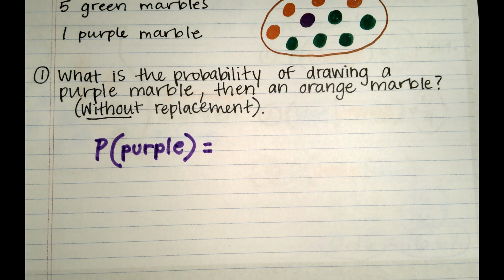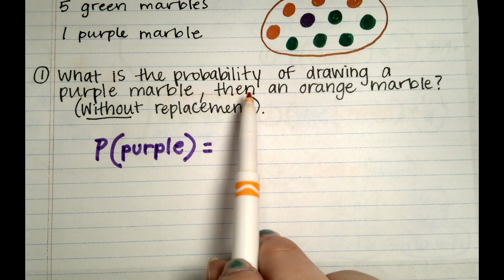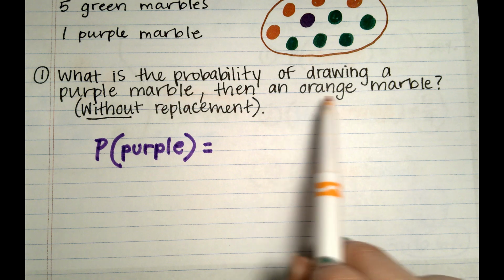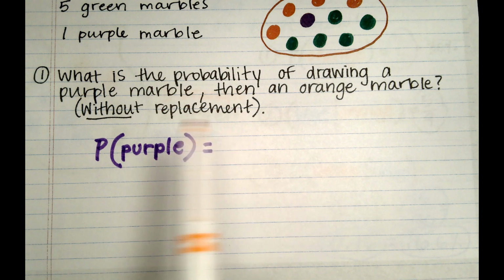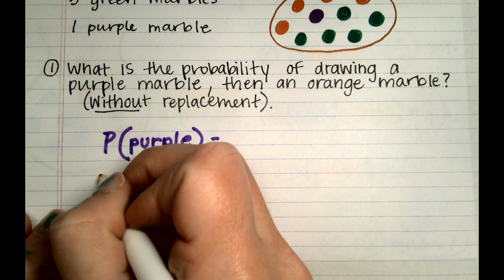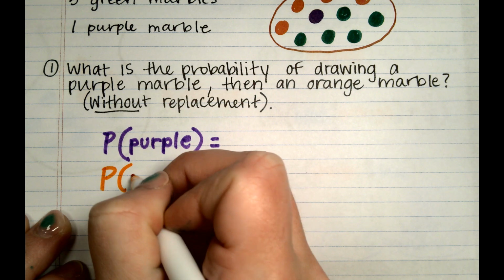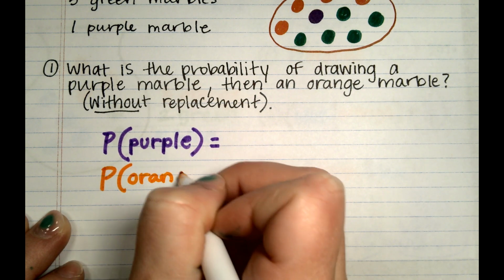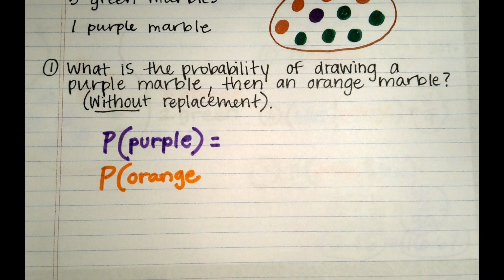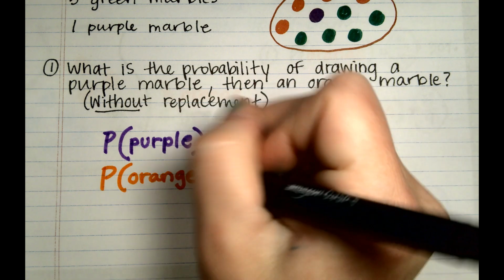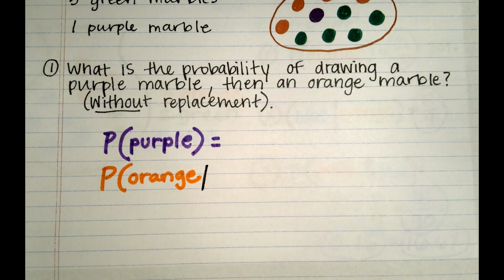What would I do next? Second event. My second event. I want to know the probability of drawing an orange marble, given that I already did a purple. So, orange given that purple already happened.